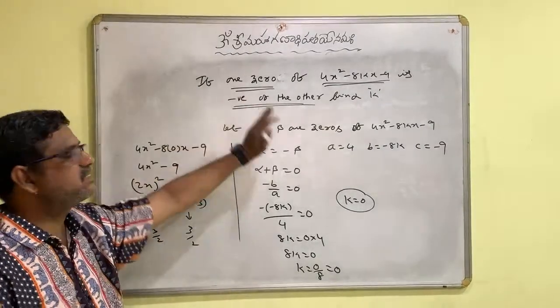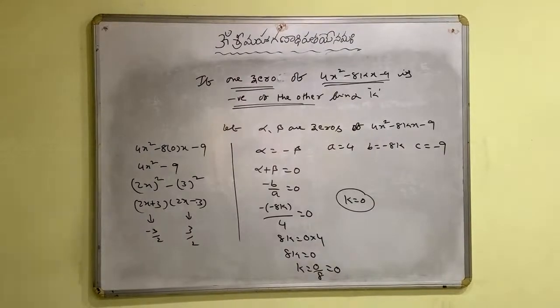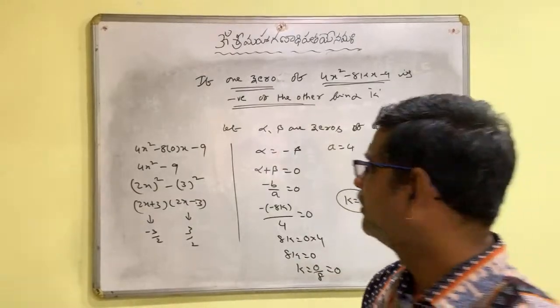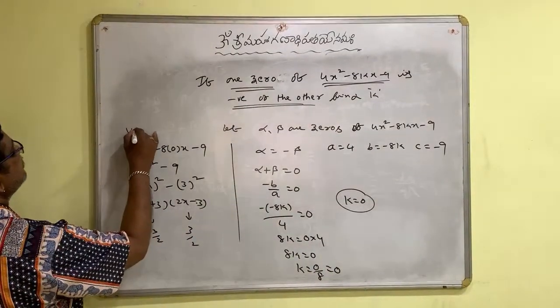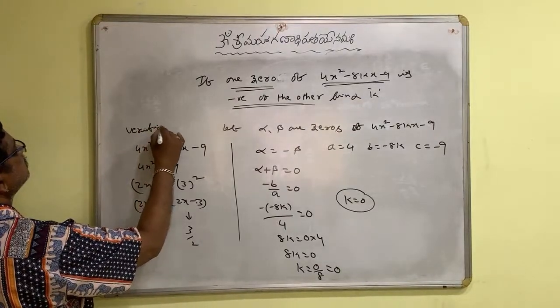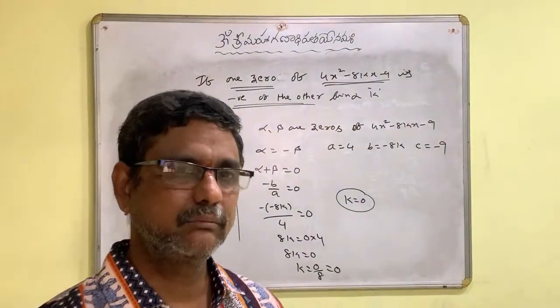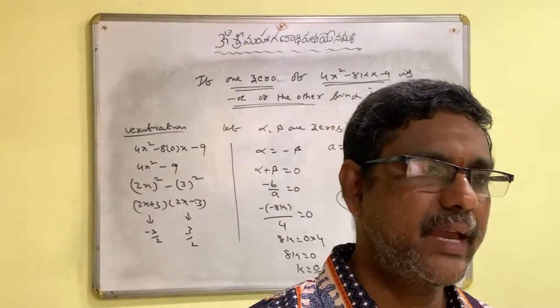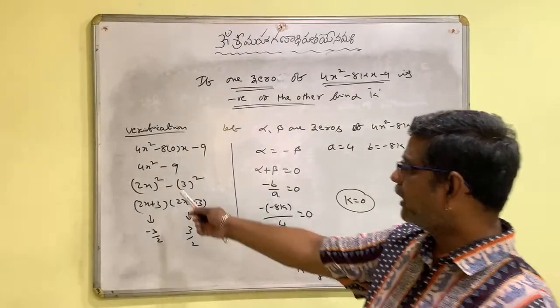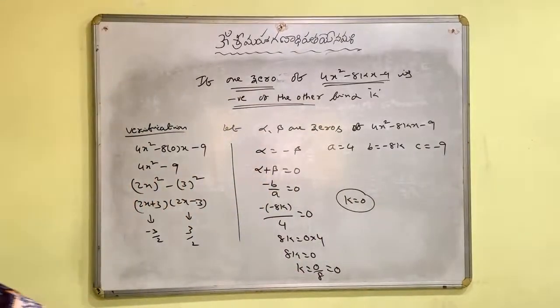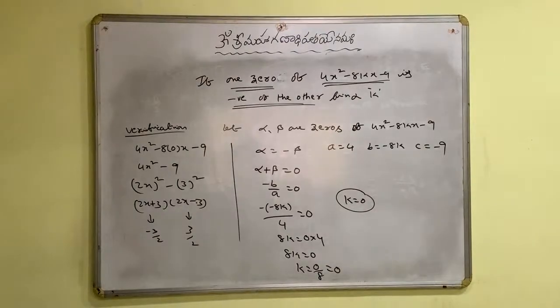So the given statement is right. This we can say as verification. If k is 0, the quadratic polynomial becomes 4x square minus 9, whose zeros are 3 by 2 and negative 3 by 2. Okay?